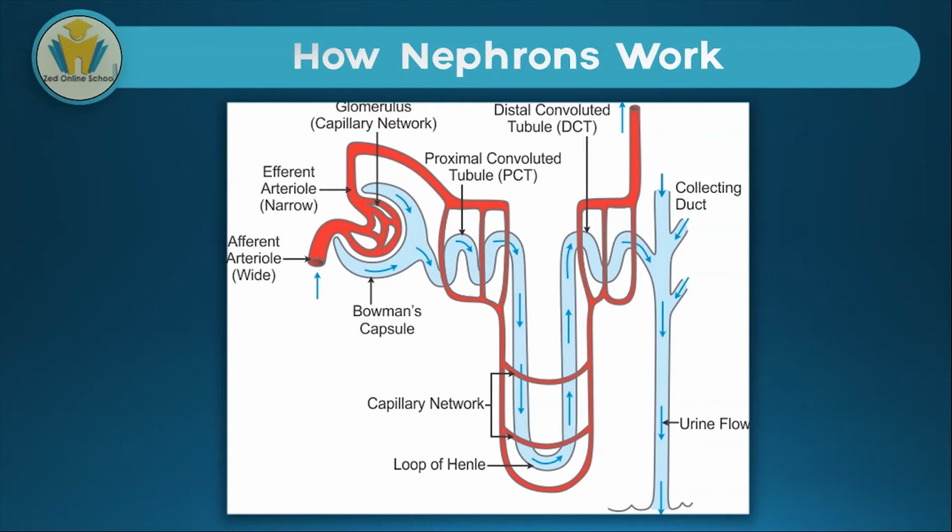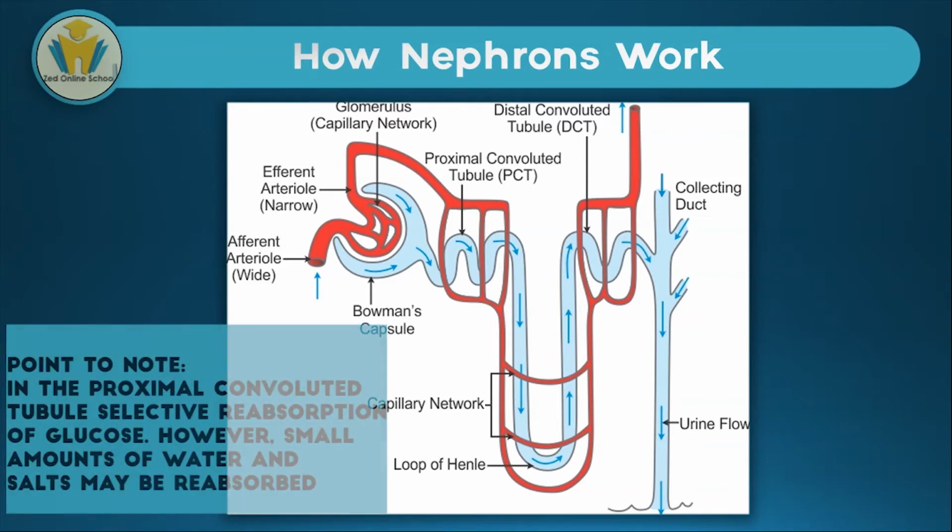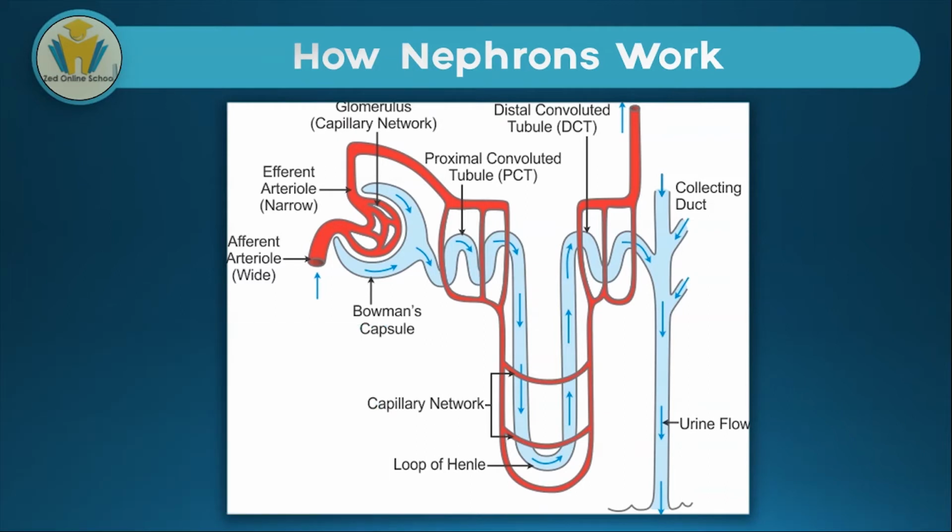The main substance that is needed to be reabsorbed in the proximal convoluted tubule is the glucose. However, some small amounts of water and salts are also reabsorbed. After the glucose and small amounts of water and salts have been reabsorbed into the body, the remaining substance continues its journey into the loop of Henle.